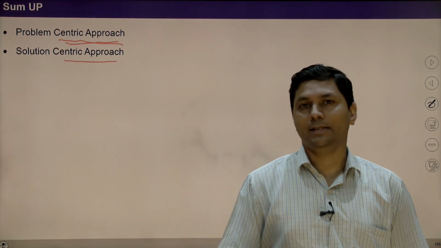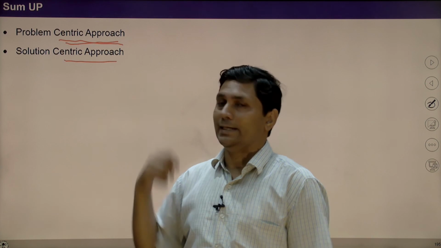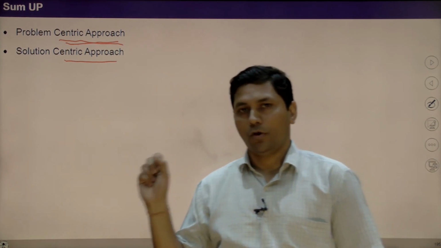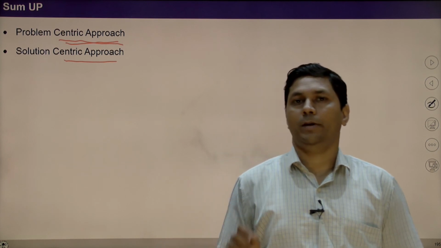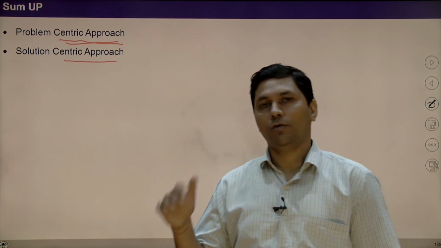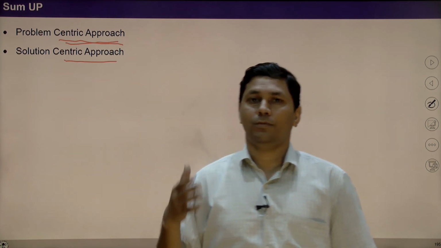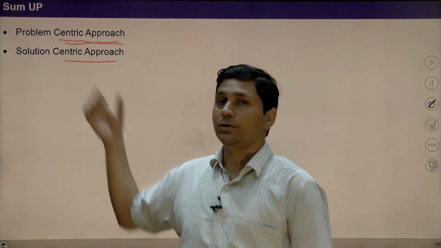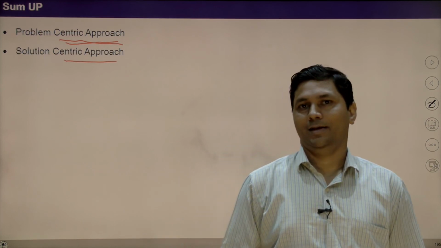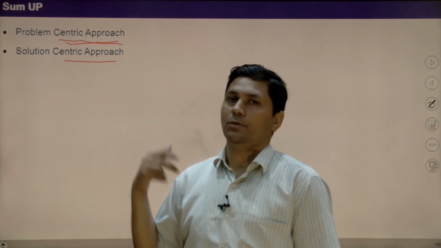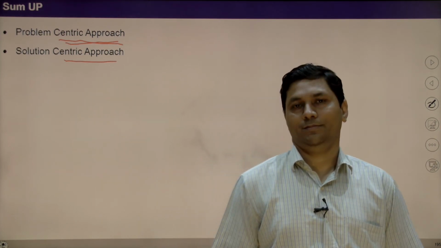Now I can see that this problem exists because of lack of fulfillment of comprehensive human goals or lack of fulfillment of relationship. So what would be my focus now? My focus would be to ensure the fulfillment of relationship. If I try to ensure fulfillment of relationship, the problem will get automatically solved.